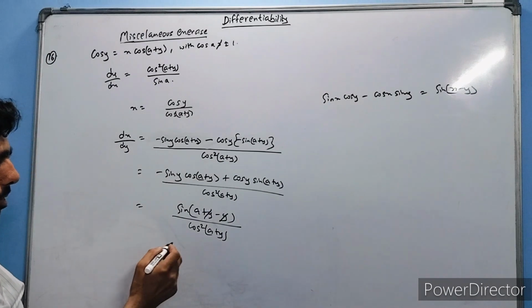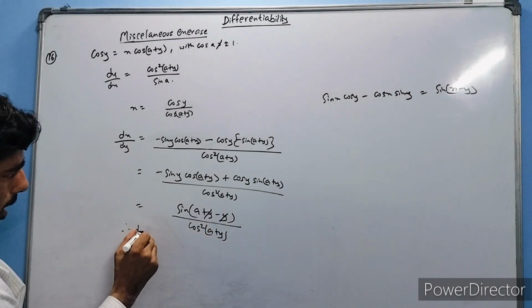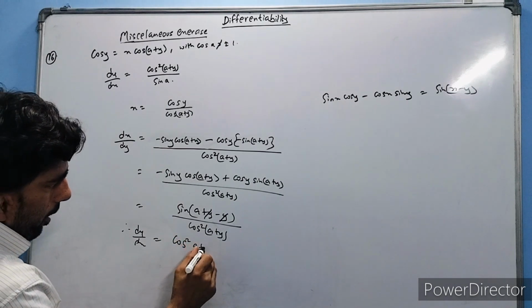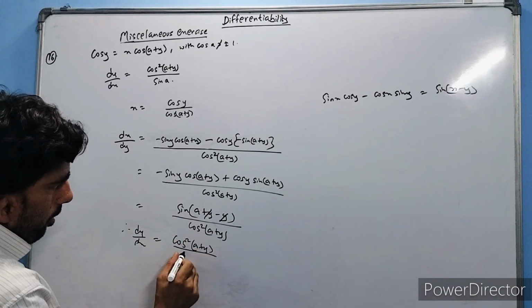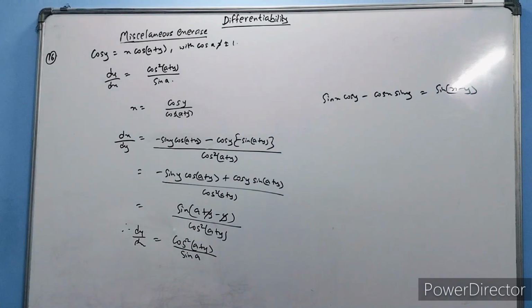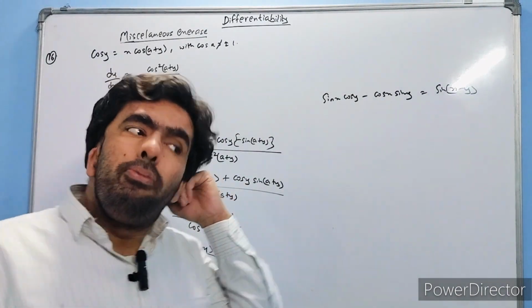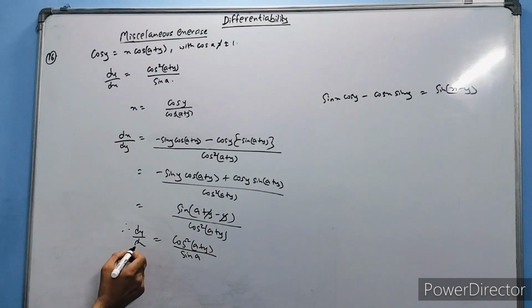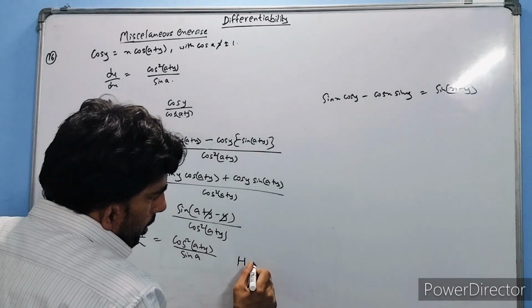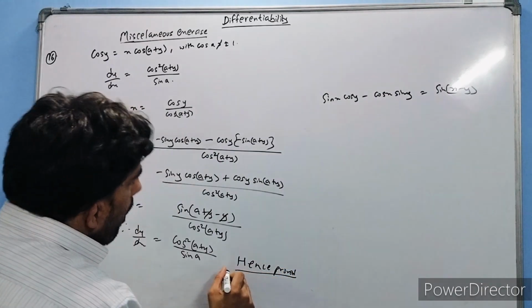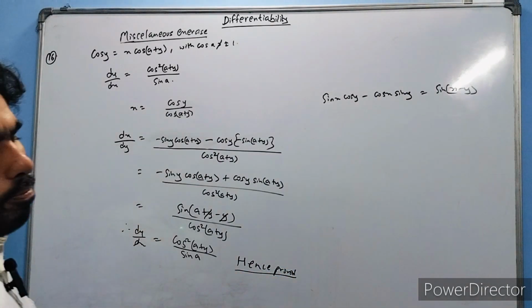So therefore dy upon dx will be cos square(a plus y) upon sine a. Okay, so that is how we try to prove. So finally we are able to prove this, so we can write hence proved. I hope it's clear to everyone.